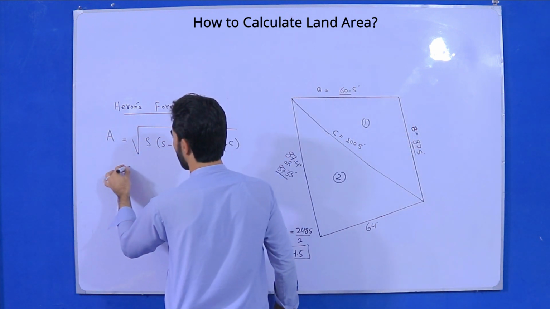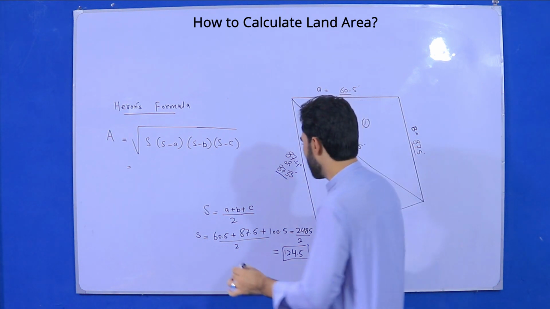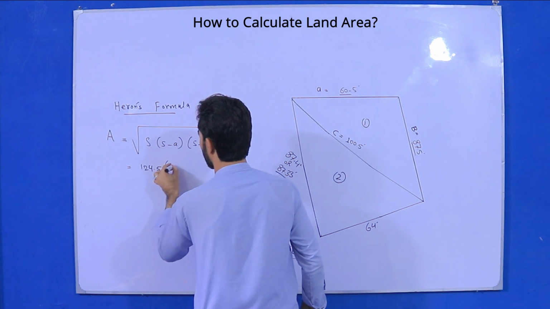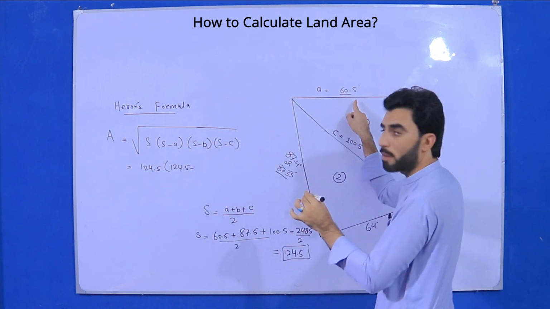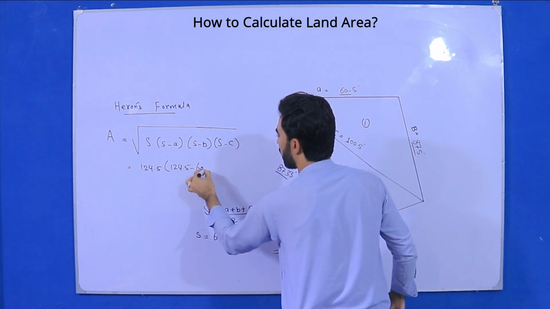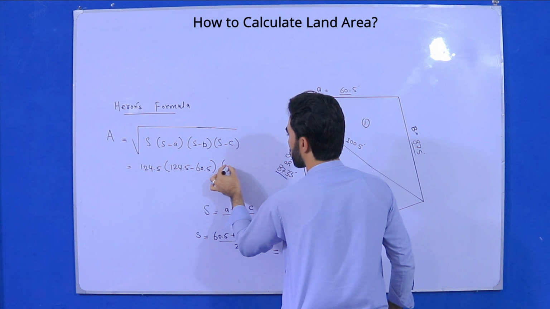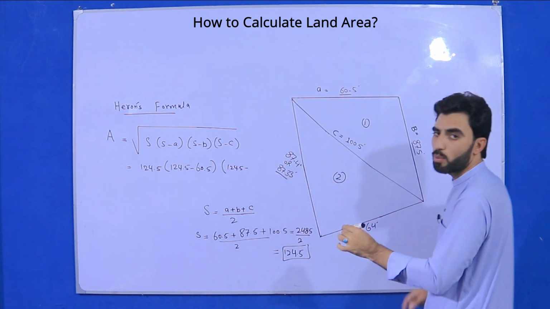So again, S is 124.5, and 124.5 minus 60.5 is the first one. The second one is again S, 124.5, minus 87.5.